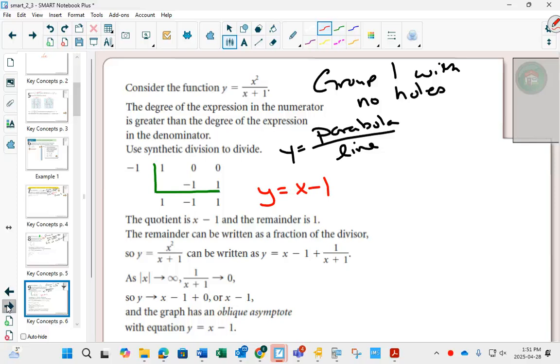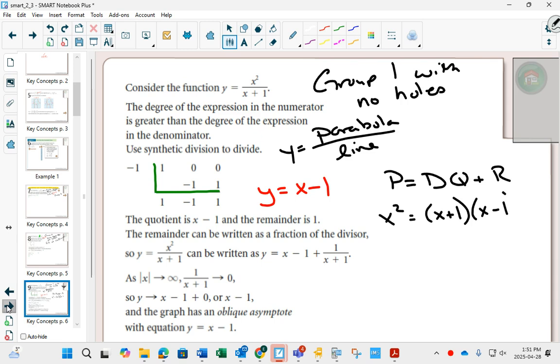Okay? If we took y equals x squared over x plus 1, you had a division statement. Remember this? So technically, the division statement for x squared divided by x plus 1 looks like this. x squared equals x plus 1, we got a quotient of x minus 1 and a remainder of plus 1. That's your division statement from chapter 1.